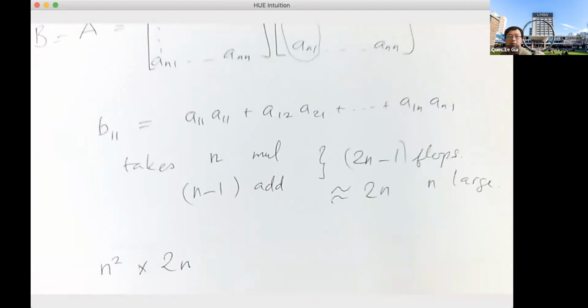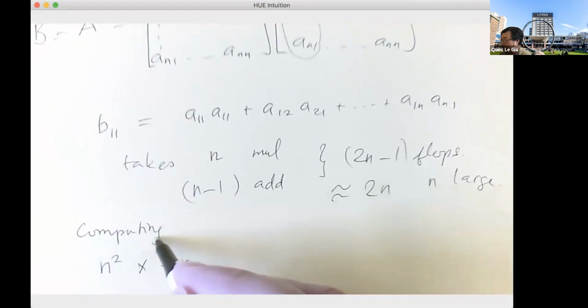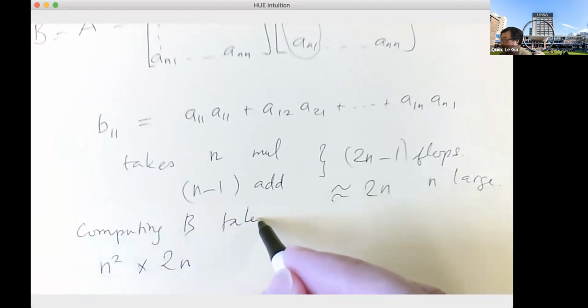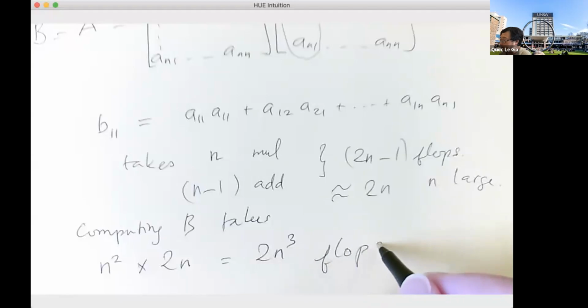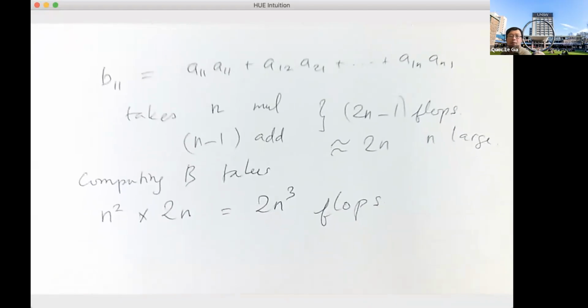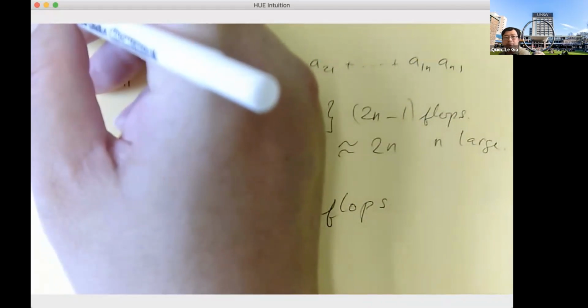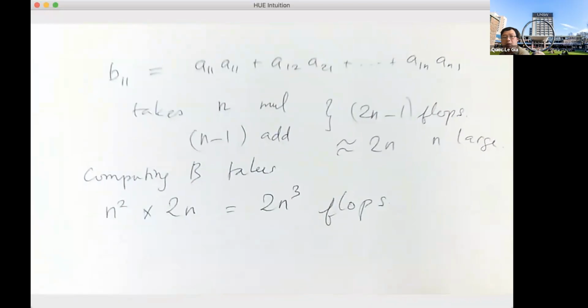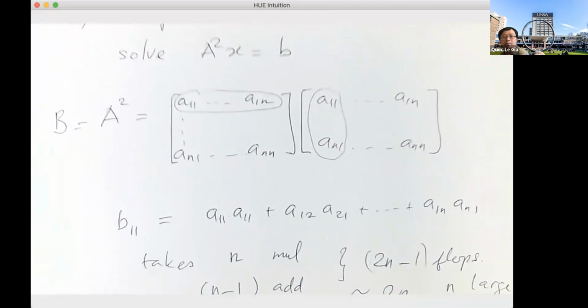So computing B takes about 2n cubed flops. Flops stands for floating point operations. This is only step 1. Then in step 2 you have to solve Bx equals b.